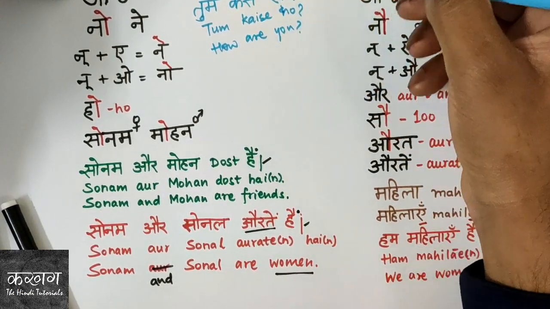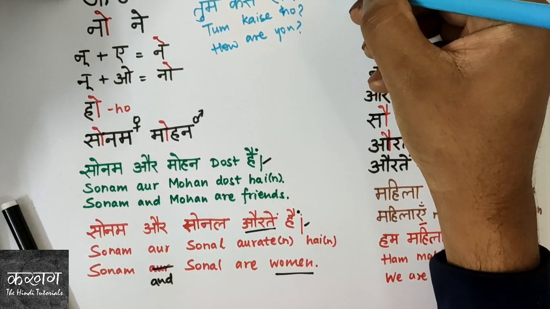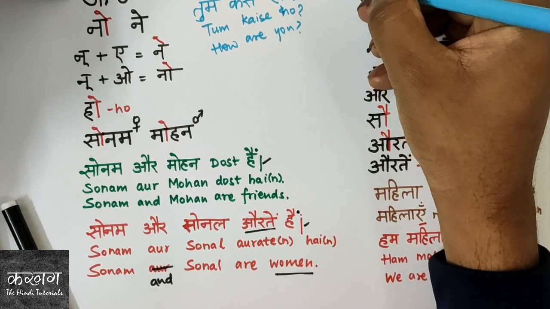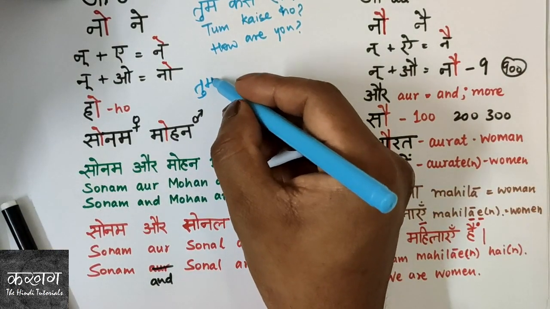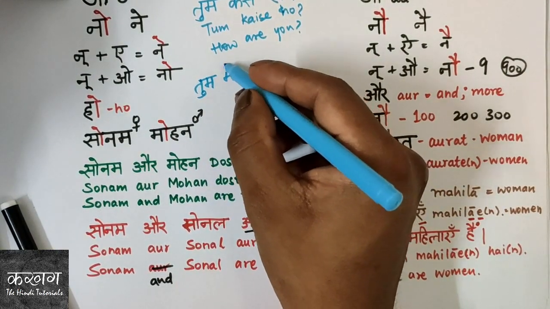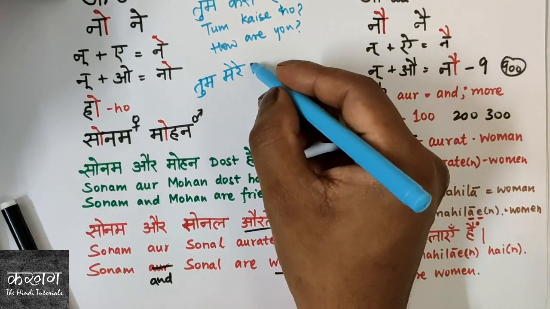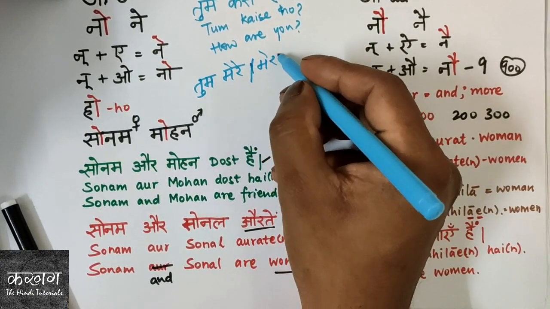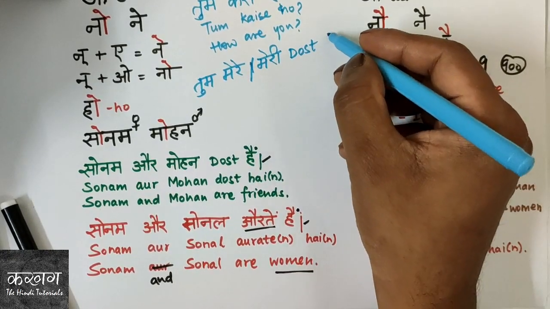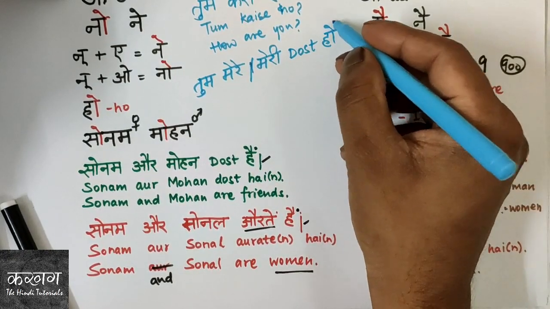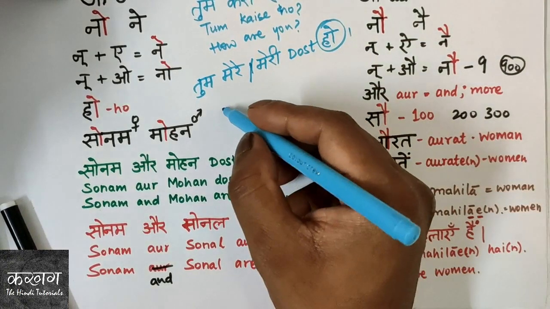If you are asking a female person, you will use kaisi. Similarly, take this example. Tum mere dost ho. Mere or meri. You are my friend.